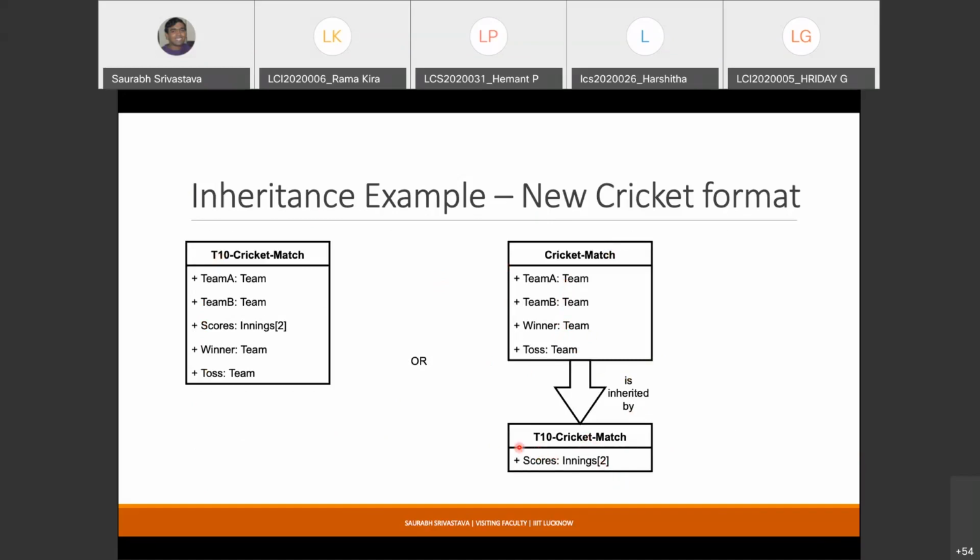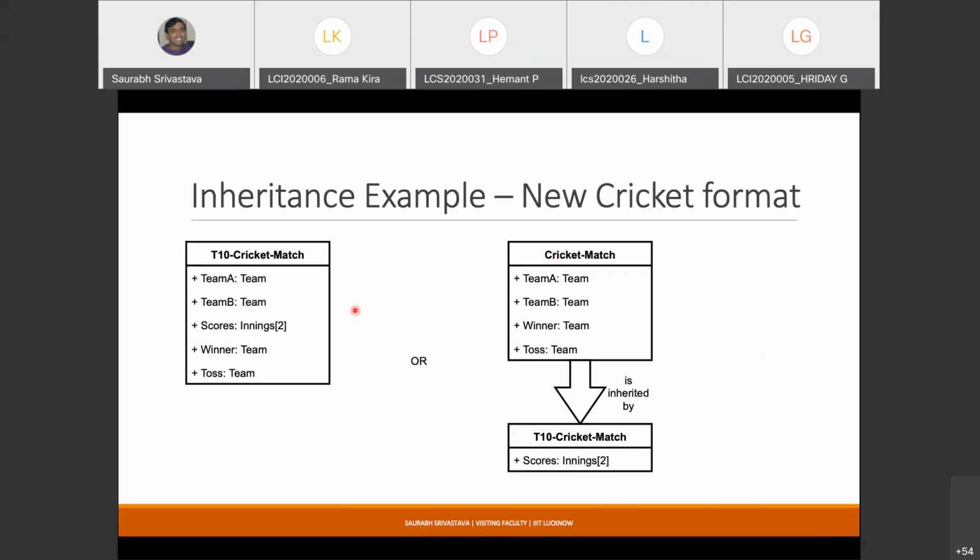So this is a very simple example of inheritance, that you can either create it like this or like this. So what is the advantage of this over this? The advantage here is, if I am also required to create a class to represent T20 cricket match or ODI cricket match or test cricket match, I can simply do more inheritance and create new classes like this.